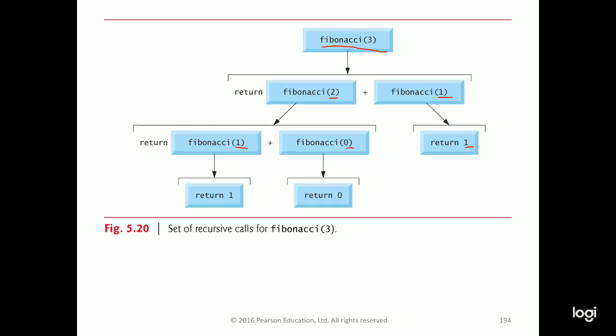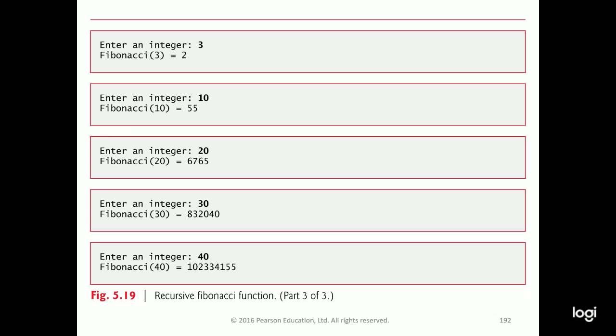The first is going to return 1, the second is going to return 0, and then you go back up the call stack to sum up these numbers. You sum 1 plus 0, return the result, which is 1, and then you're getting 1 from here, and then you add these, and over here you're going to get a value of 2, which is what we did get for an argument of 3.